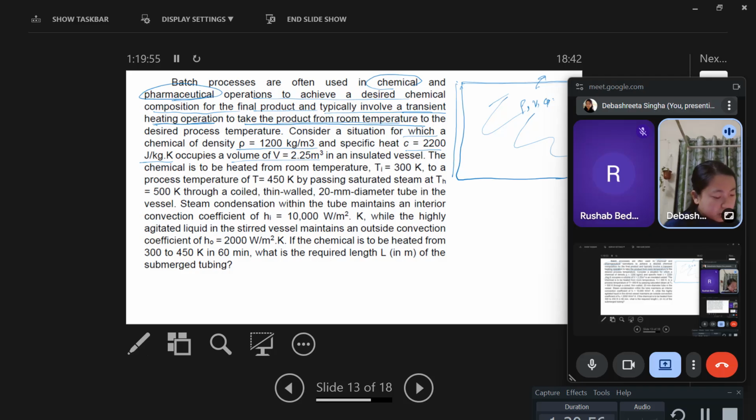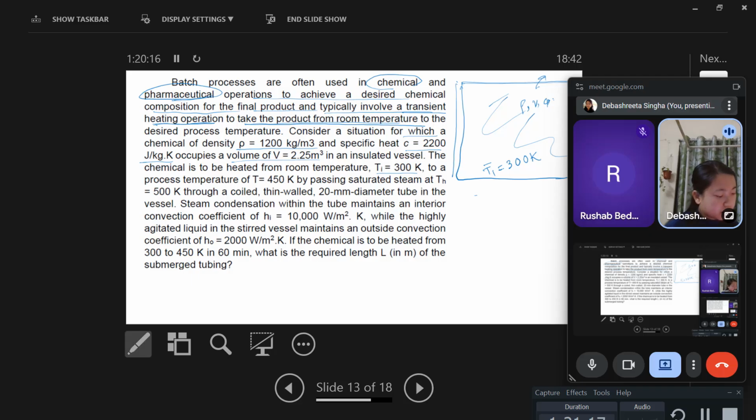Okay, the chemical is to be heated from room temperature Ti equal to 300 Kelvin. That means the initial temperature is 300 Kelvin, to a process temperature of 450 Kelvin.